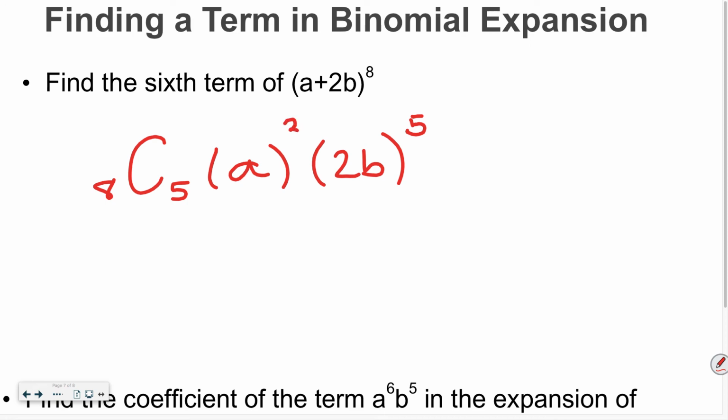So this needs to be 3. Somebody tell me, what is 8 choose 5? 56. Okay. So we have 56 times a cubed times 2 to the 5th.